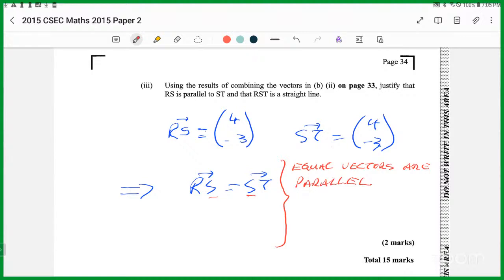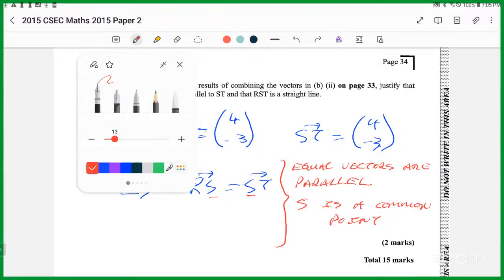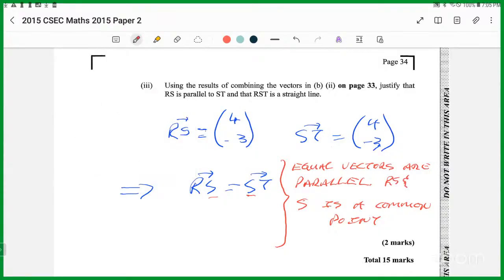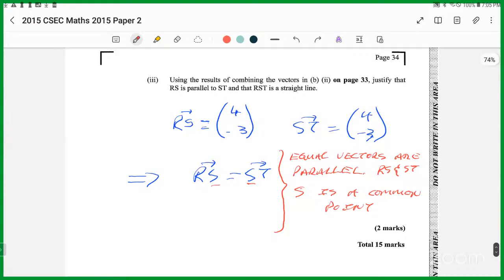So we have parallel vectors. Second thing, we have a common point, S is a common point. Because we have these two things, parallel vectors and a common point, here we're talking about RS and ST, parallel, and we also have S as a common point, it means that the three points involved, R, S and T, are collinear.